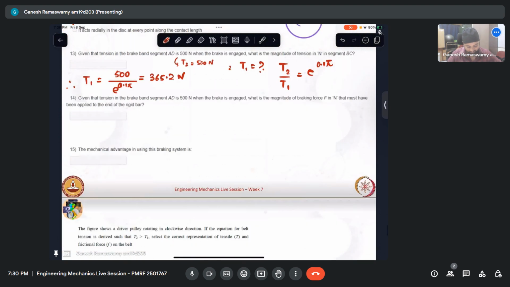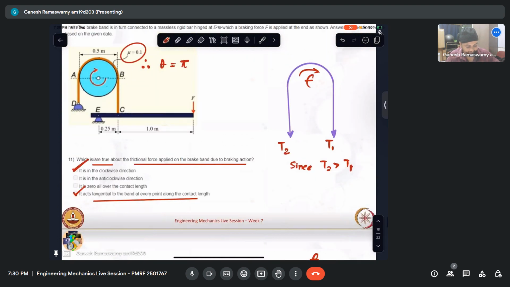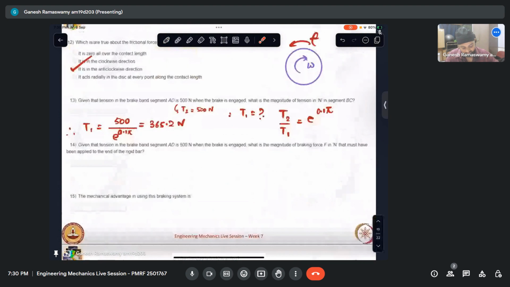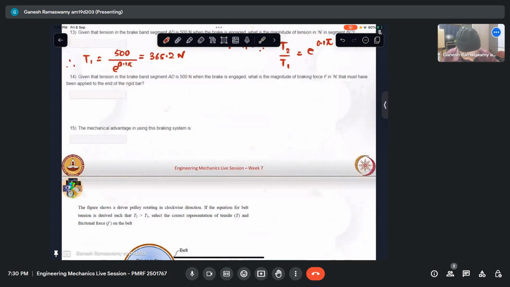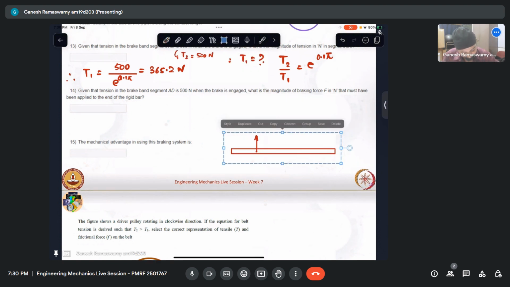Okay, now that we have T1, now let us draw the free body diagram of the lever. So I have the lever like that. This is my lever here. The tension in the cable, because if I draw the cable like that, cable is having a tension T1.